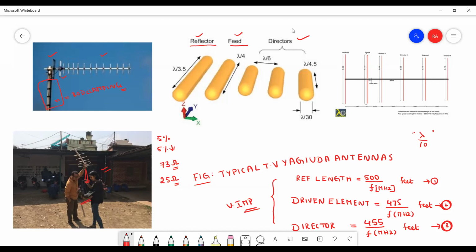So there are n elements in the Yagi-Uda. For example, if there are 11 elements of Yagi-Uda, what is the number of reflectors? One reflector, one driven element, and the directors are D1, D2 to D9.